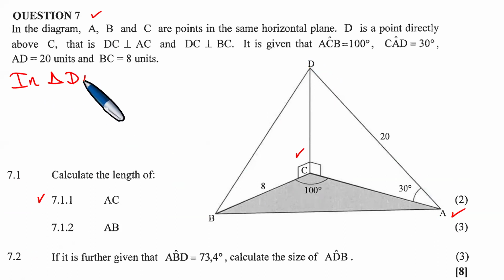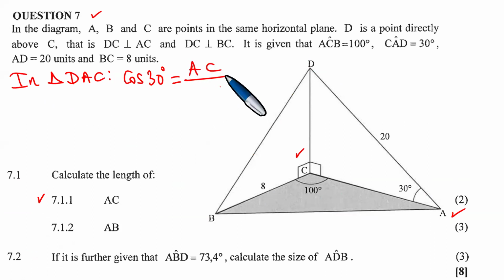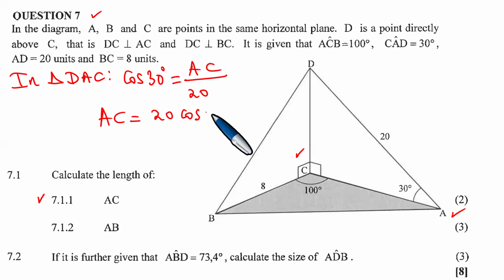In triangle DAC, we have the cosine: cosine of 30 degrees equals the adjacent side, AC, over the hypotenuse, 20. We want AC, so by cross multiplication, clearly AC becomes 20 cosine 30 degrees, which means AC equals what?